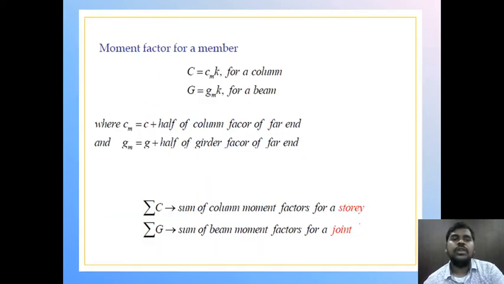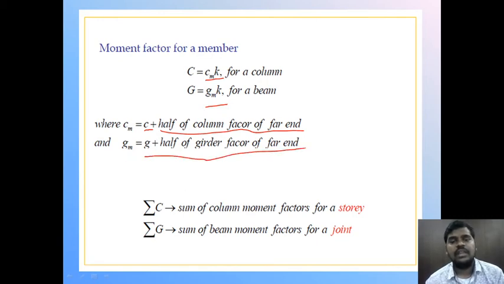And coming to the moment factor, C is equal to CMK and capital G is equal to GMK. So what is CMK and GMK? CM is equal to C, the column factor we have found just now, plus half of the column factor of the far end, and GM is equal to G plus half of the girder factor at the far end.